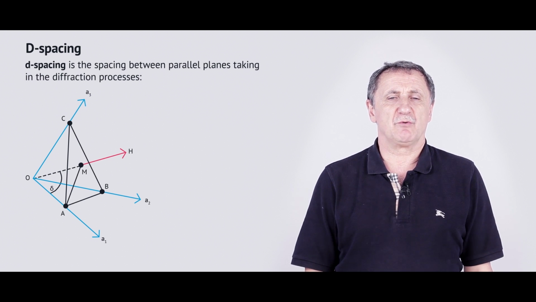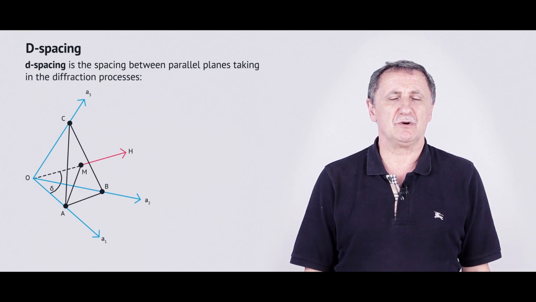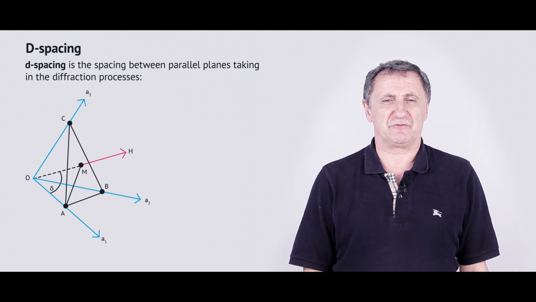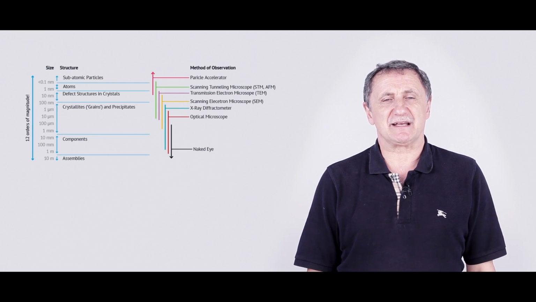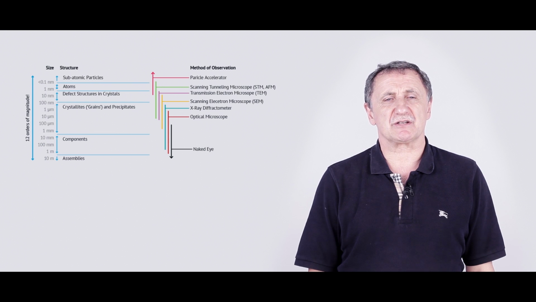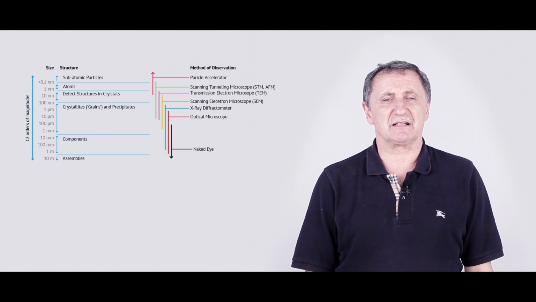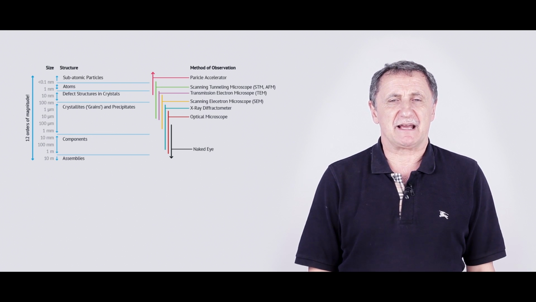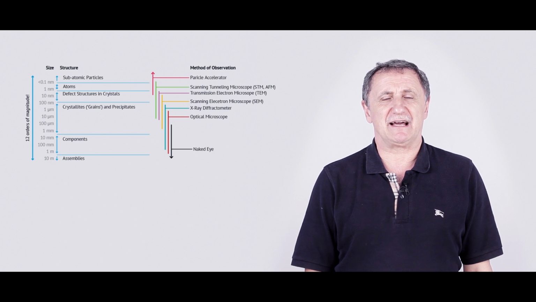In other words, what phases do we have? Because it's very, very important to know the phase composition of your materials. We are sitting now on sizes on the order of, let's say, 10 angstroms and maybe a little bit above, and the X-ray diffraction technique is a very nice approach in order to answer the question.